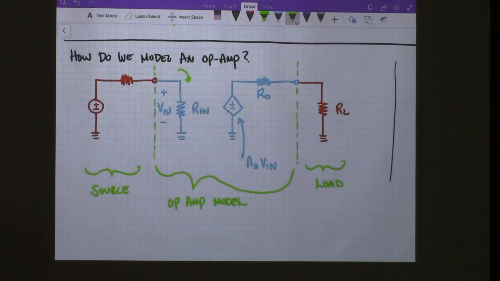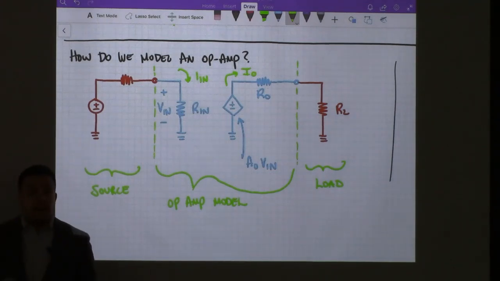We can also call this I in, and this I out. So the part that's in the blue, we've seen circuits that look like that before with dependent sources. And this is the most basic way that we're going to model voltage amplifiers in the beginning.